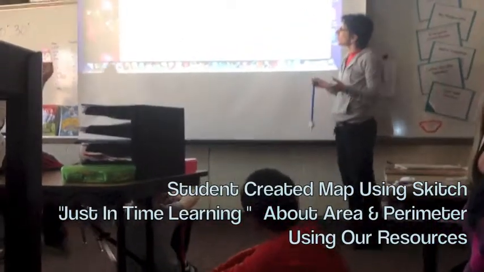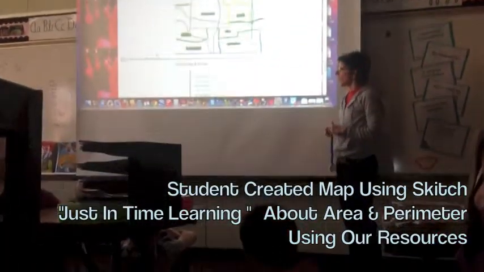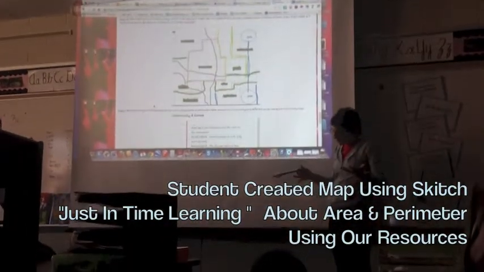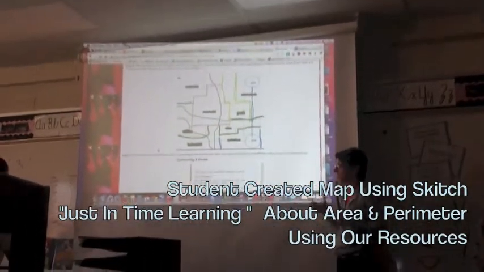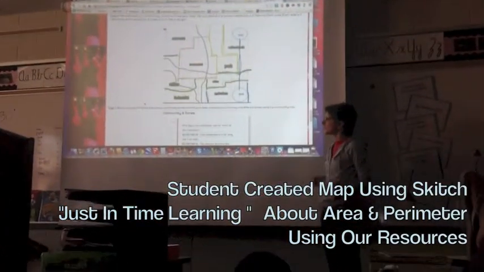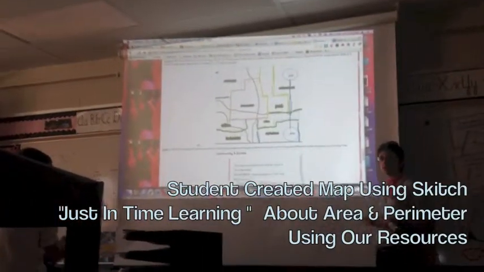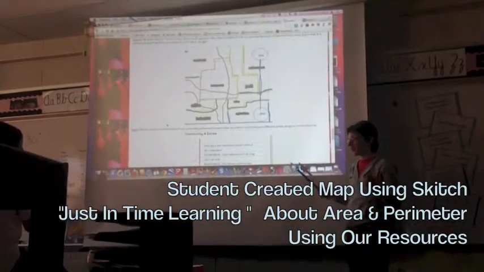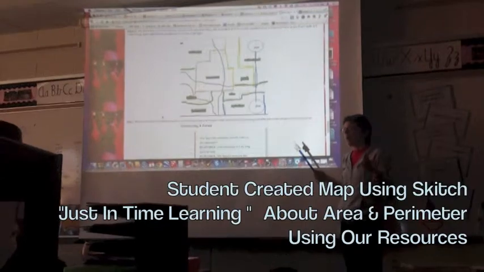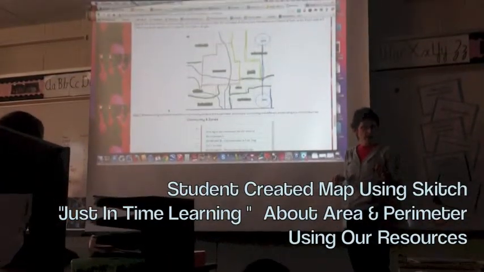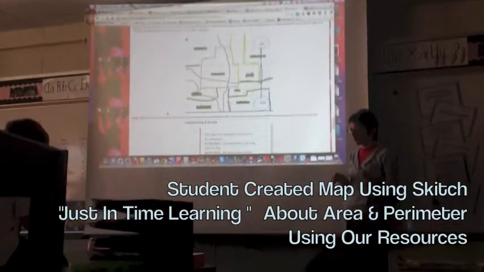So you are going to be doing some discovering, and you're going to be using your resources, because that's a sign of intelligence, absolutely. And you're going to be using this map, and you're going to be figuring out how big our community is, how big our zones are, and the perimeter around them, right?